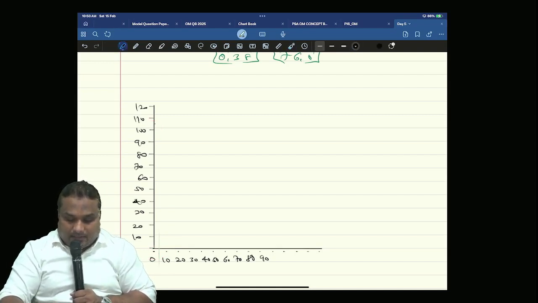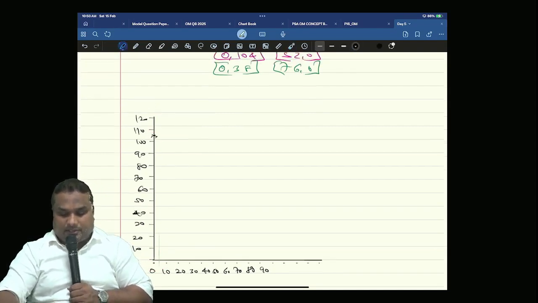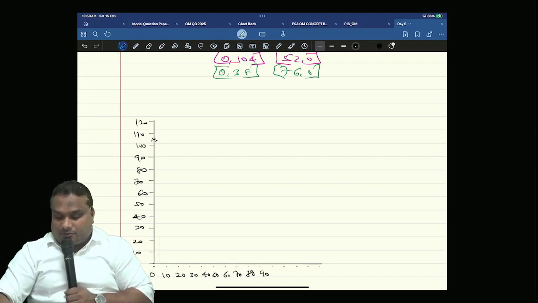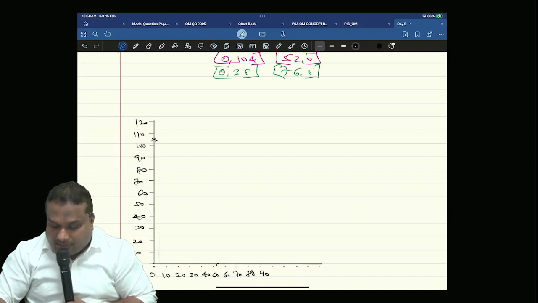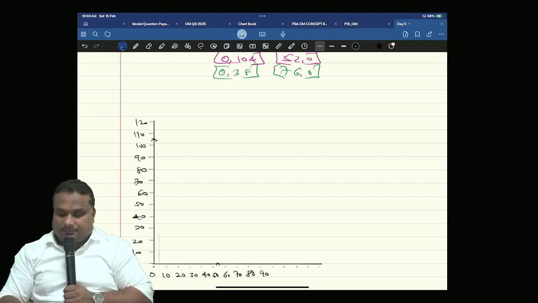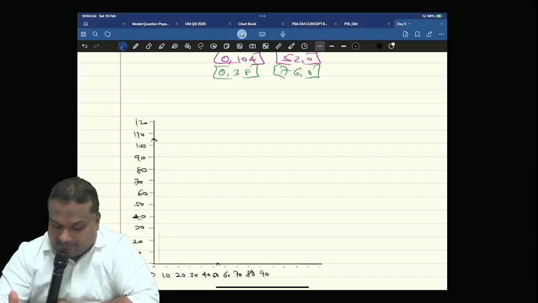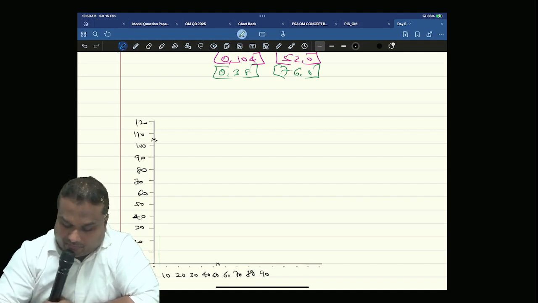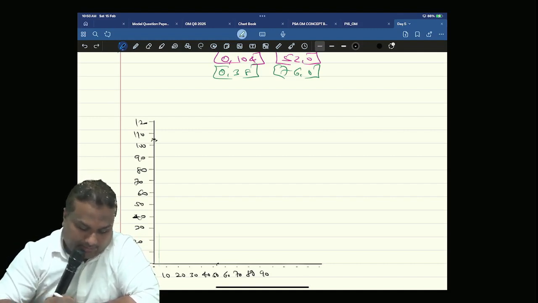Deal or no deal? Deal. So here is the first point. Next 52, 0. I am not able to do it perfectly, slightly I will do. Is it okay?